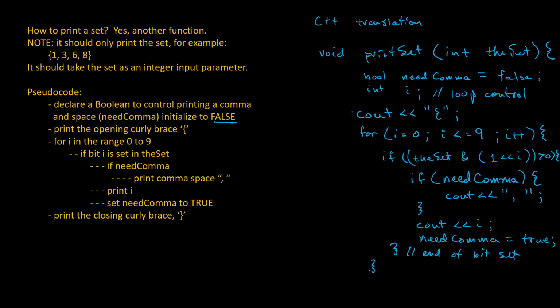I'm at the end of my for loop. And then I'll print the closing curly brace, semicolon. And then I close everything off. I'm not returning anything, so I'm done.